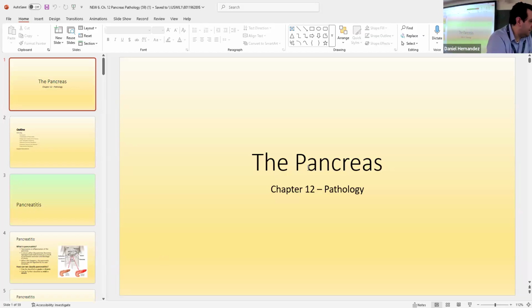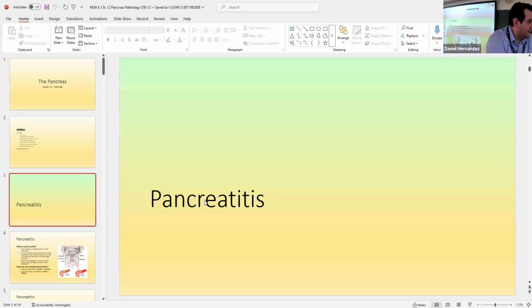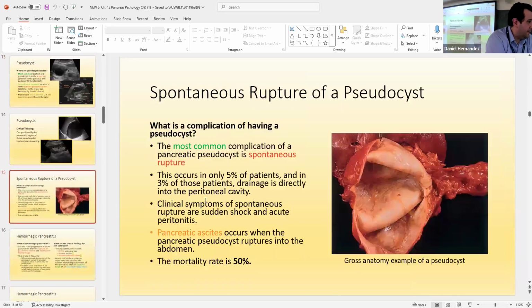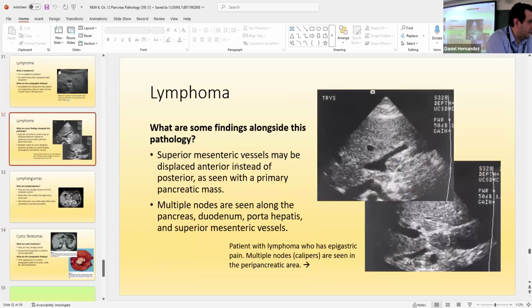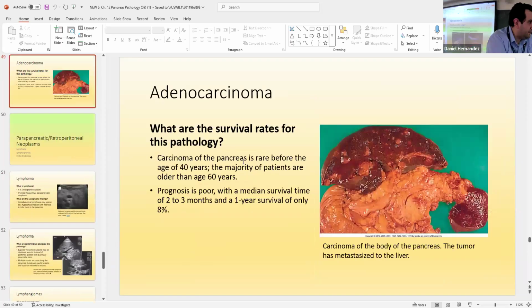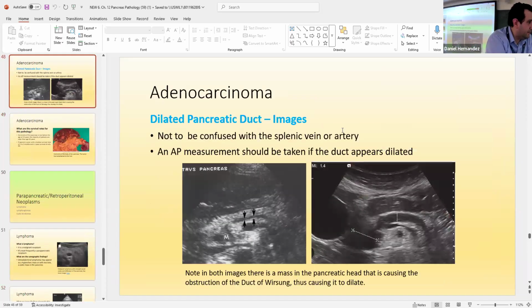Yeah, we're still going strong. So again, with adenocarcinoma, you can look for a dilated pancreatic duct.